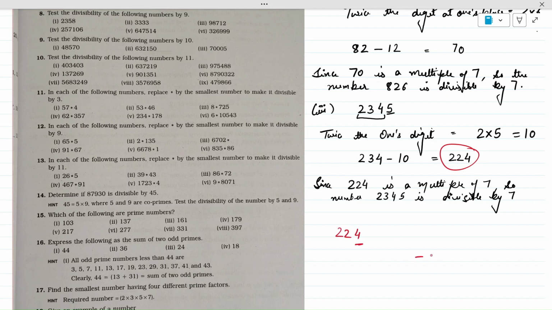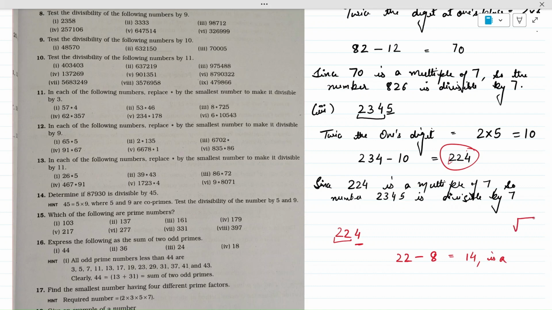This will give you 8, right? And this 8 you have to subtract from 22, the remaining number. 22 minus 8 will give you 14, and 14 is a multiple of 7. So that means this is a multiple of 7 and this complete number is also a multiple of 7.